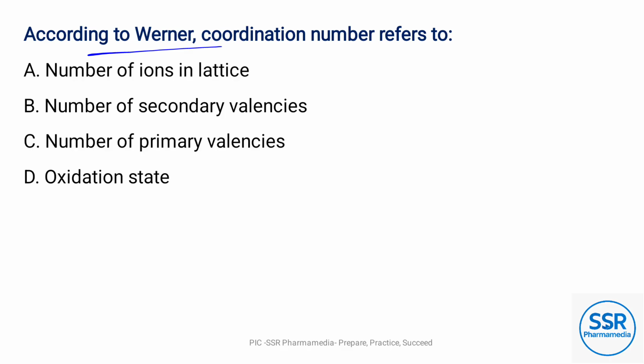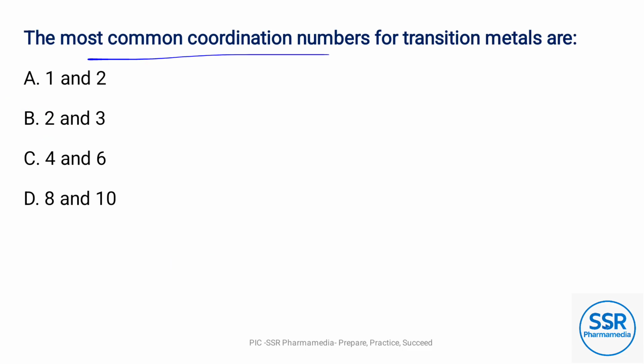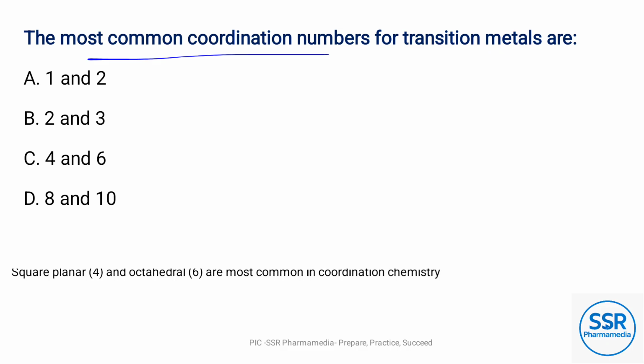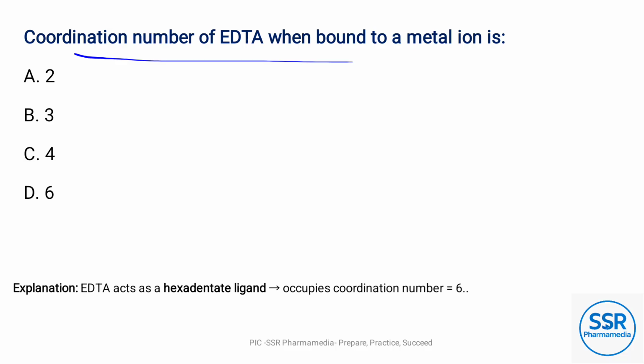According to Werner, coordination number refers to, option B, the number of secondary valencies. The most common coordination numbers for transition metals are, option C, 4 and 8. The coordination number of EDTA when bound to a metal ion is, option D, 6.